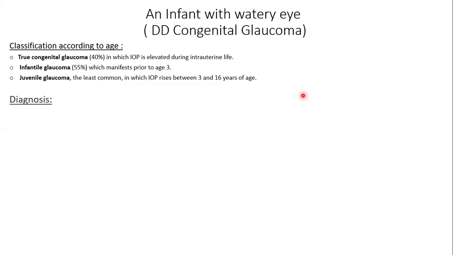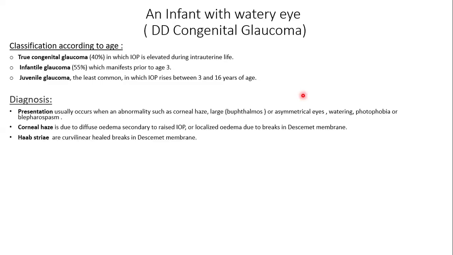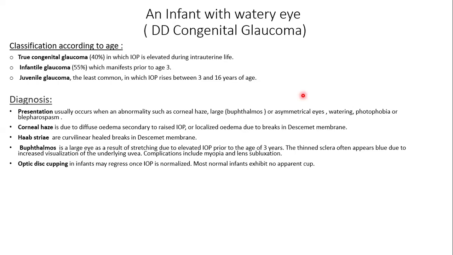Exactly. And other signs that we can find in patient with congenital glaucoma? Signs? Buphthalmos. Enlarged corneal diameter. Okay, so buphthalmos, corneal haze, Haab's striae. Stria. Yes. Optic disc cupping, of course.